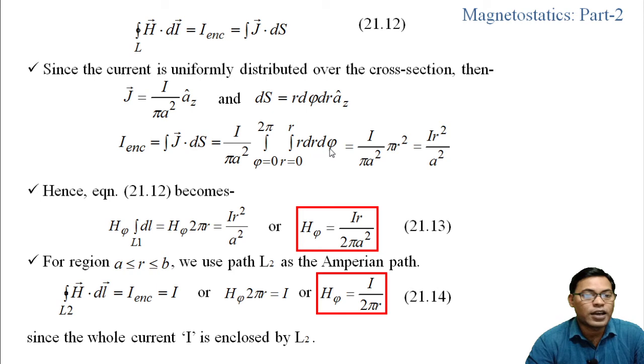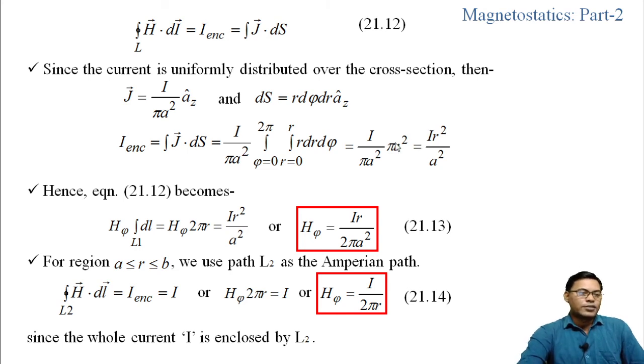So r dr d phi. If you solve this expression, integration of d phi from 0 to 2 pi and integration of r dr from 0 to r, you will get the expression I r square by a square. Hence equation 12 becomes, you see that we got I enclosed.